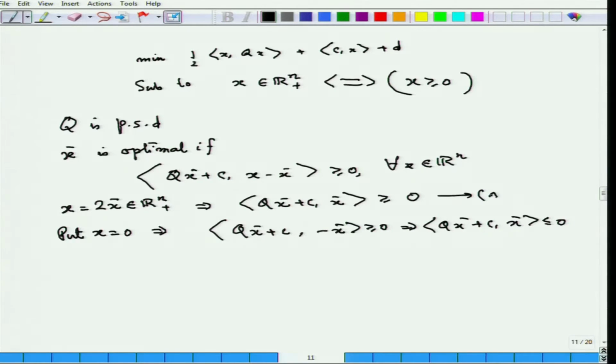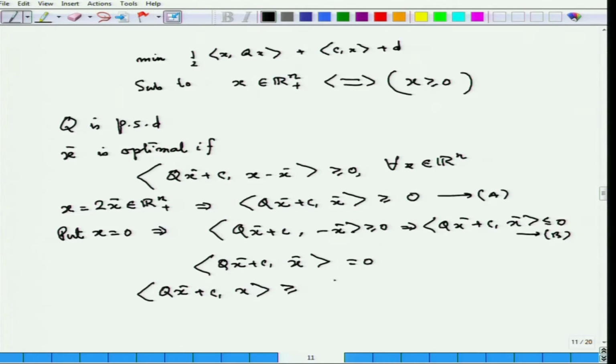So, if I call this A and this B, A and B combined will give me Q x bar plus c times x bar is equal to 0. Now, what do I get from here immediately? From this condition, it will immediately show me Q x bar plus c times x is greater than or equal to Q x bar plus c times x bar, which is equal to 0, which you already know.